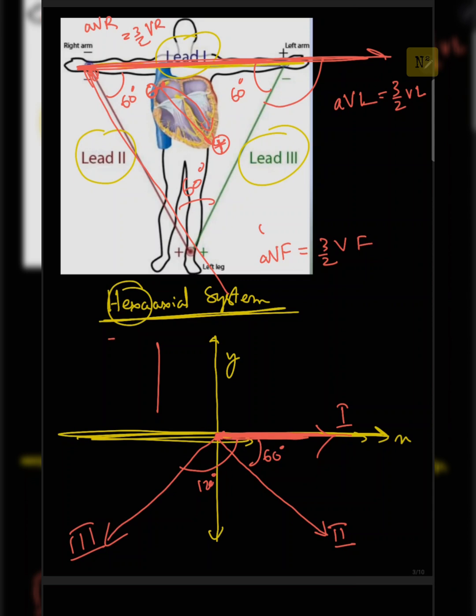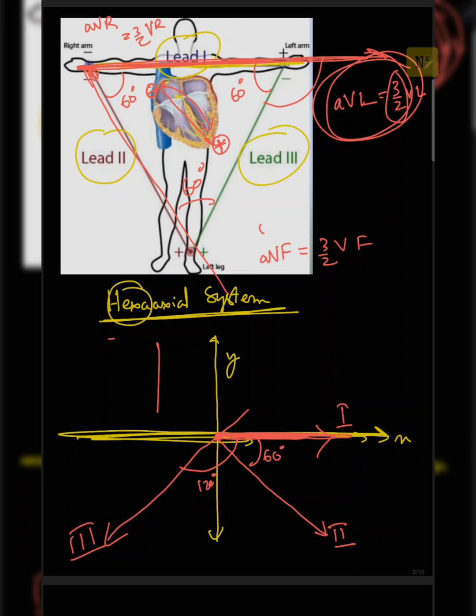So that means it has a positive value with that of the potential that is detected in the left arm. So whenever this is happening, this augmented value is approximated to about 60 degrees from the horizontal axis. So AVL, if this is lead 1, is 3/2 times the left arm augmentation.